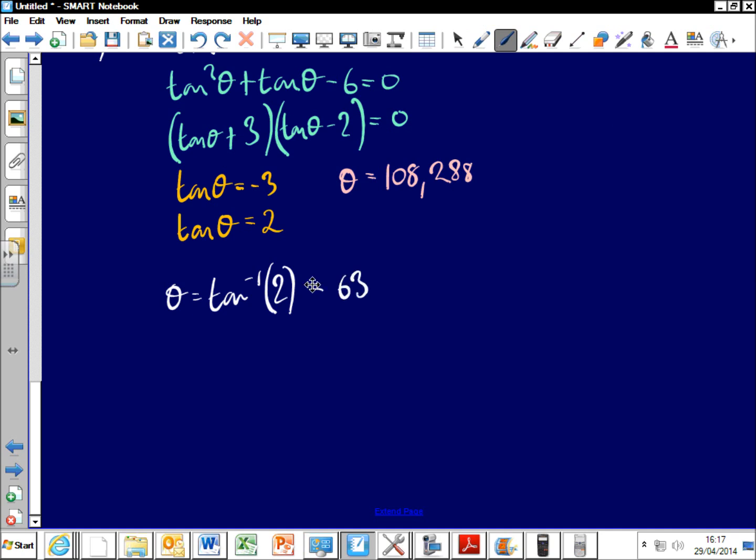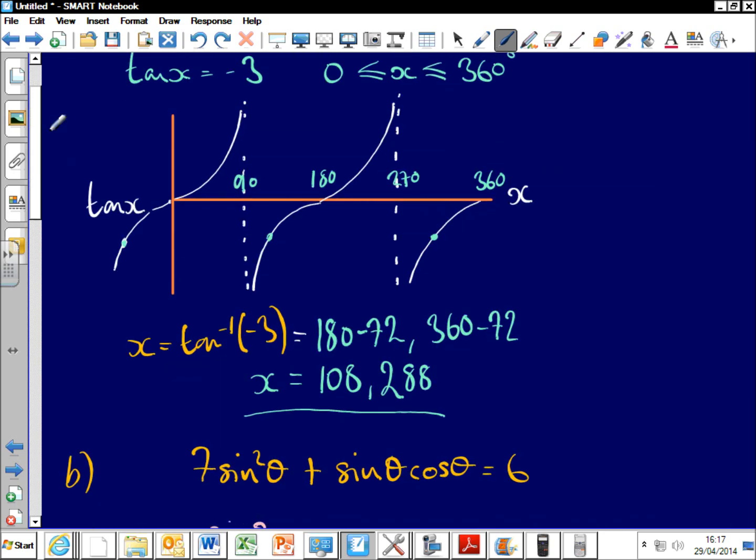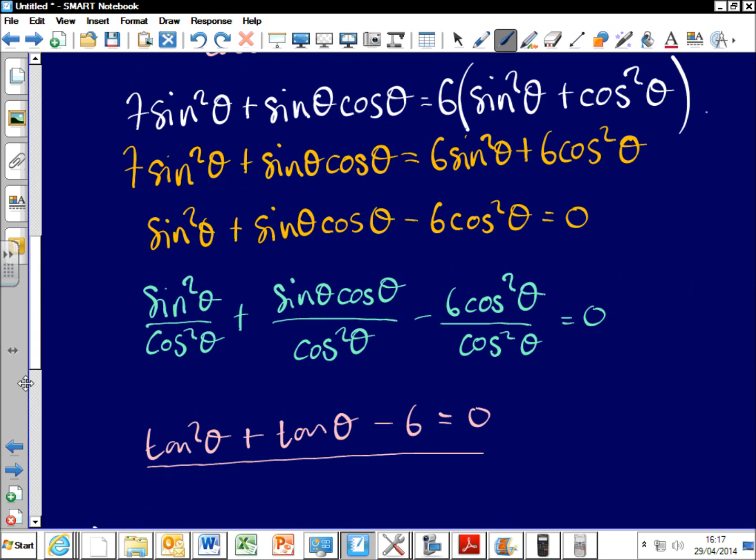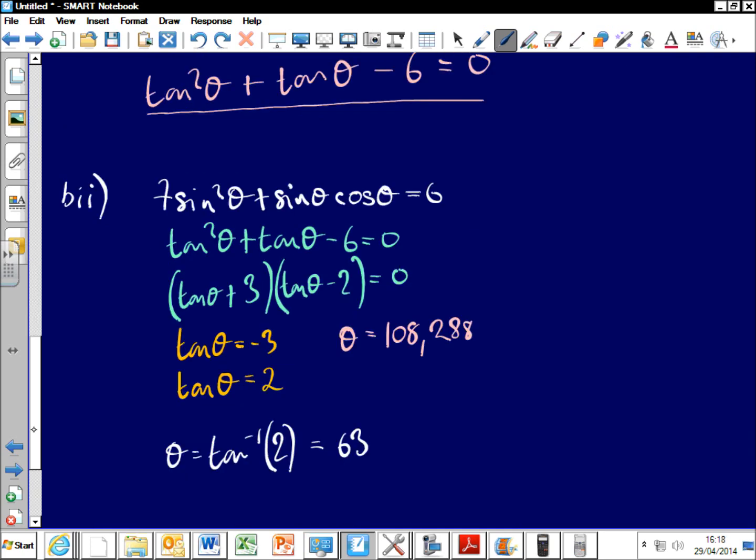And it's to the nearest degree, so it's 63. And then I go back up to the graph of tan, and 63 is about here. So the next one is going to be at 180 plus 63, which is going to be 243.